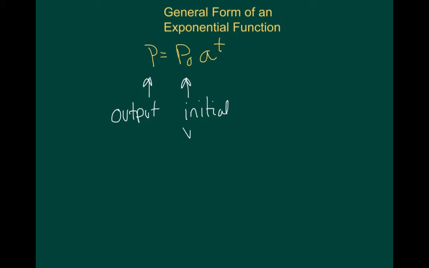P naught would be the amount of bacteria that were in the petri dish when we started. Or if we're talking about money in a bank account, P naught would be the amount of money you started with. But a is the really interesting number. That's the growth factor. That is the factor that changes P as t changes.